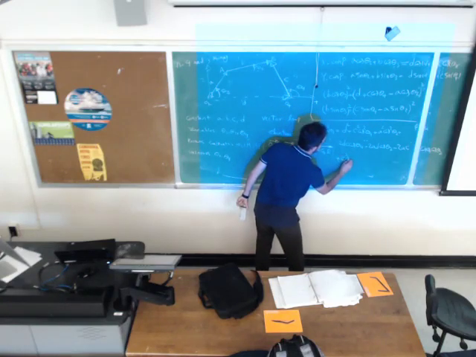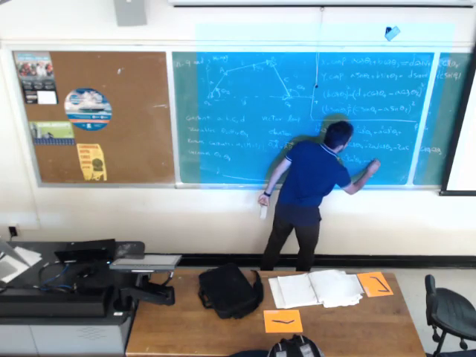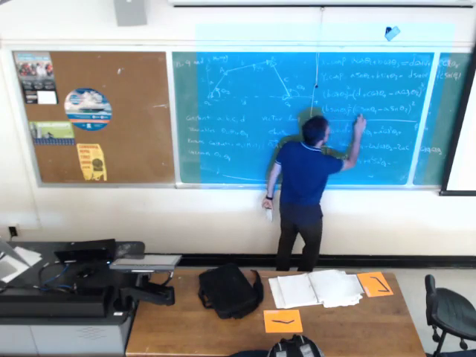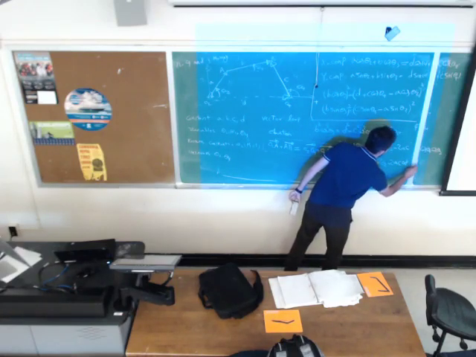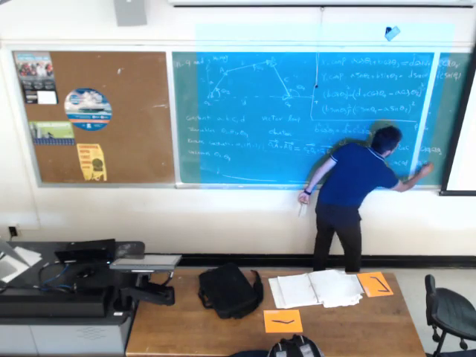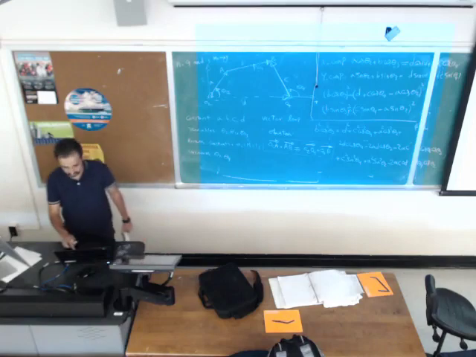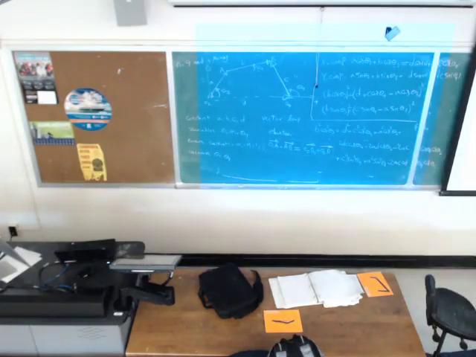C squared sine squared of theta 4 plus a squared sine squared of theta 2 minus 2ac cosine of theta 4 cosine of theta 2.